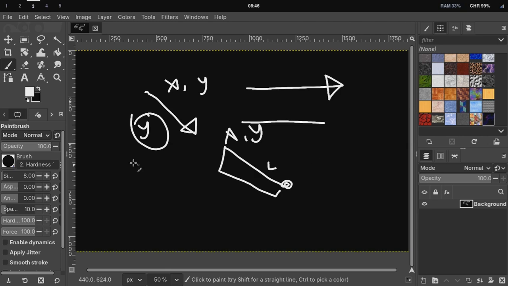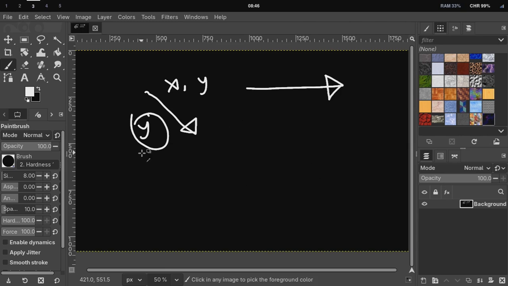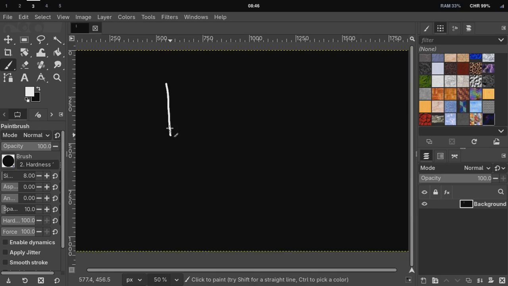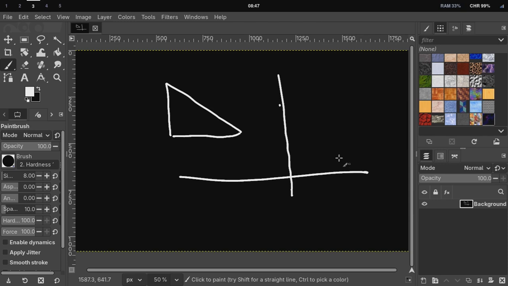Okay, so now with a bit of trigonometry we could actually work out what this point should be. So if I consider this to be the axis and this to be our xy point, and this is the slope, some angle theta, and we know that tan of theta is actually slope.